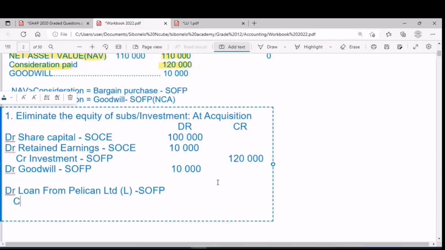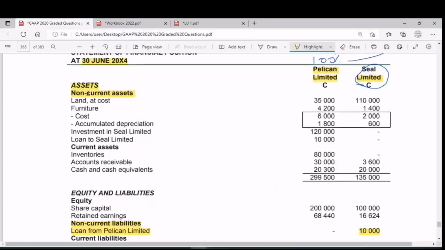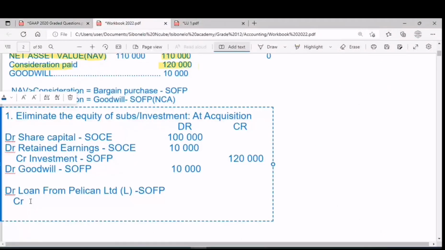And then which account are we going to credit? The asset here too, the loan to Seal Limited, 10,000. So the asset must be eliminated, debit and credit. When we eliminate the asset, loan to Seal, we credit the asset, which is loan to Seal Limited.